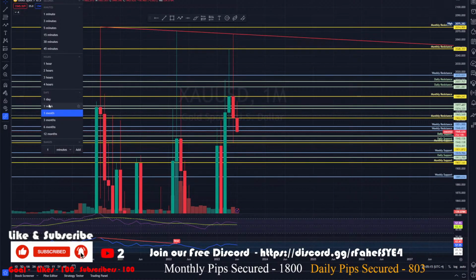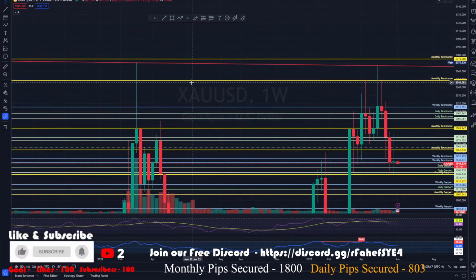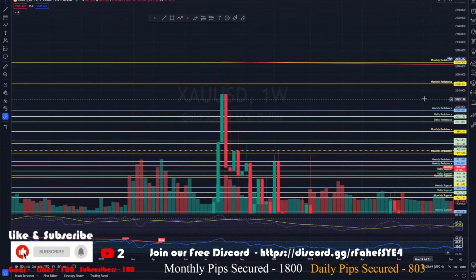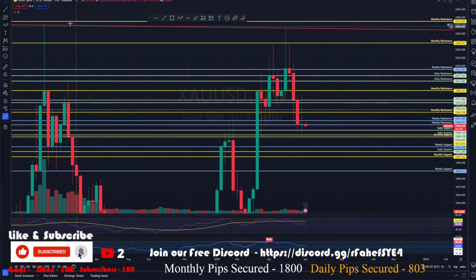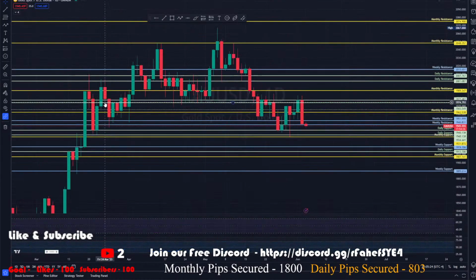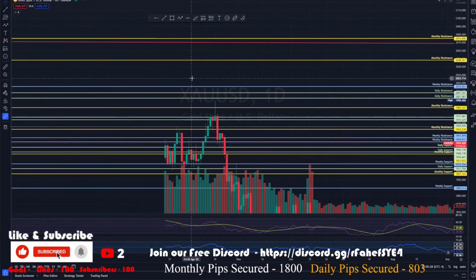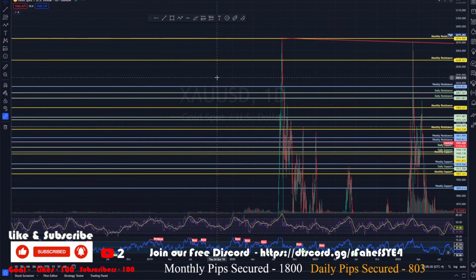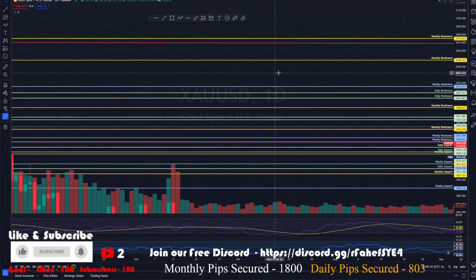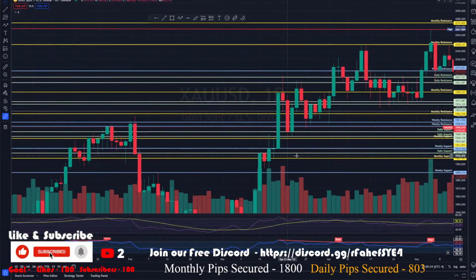Okay, let's go into the weekly. Let's see if this trend line is still aligned. Yes, it is. Let's go on into the daily. Yeah, it's good enough. Still good enough. Yeah, perfect. Okay, so this is good.